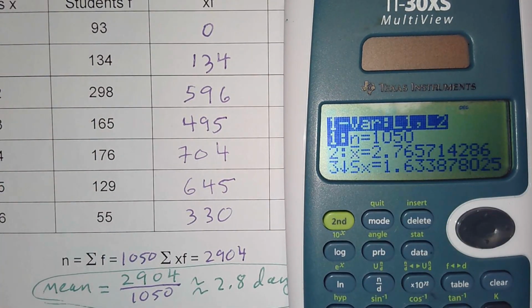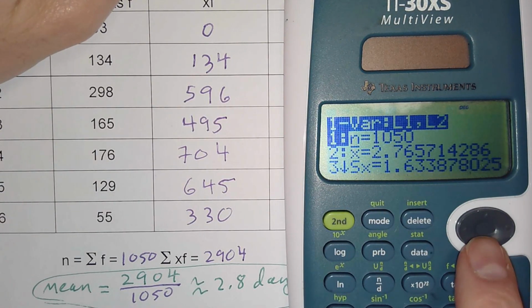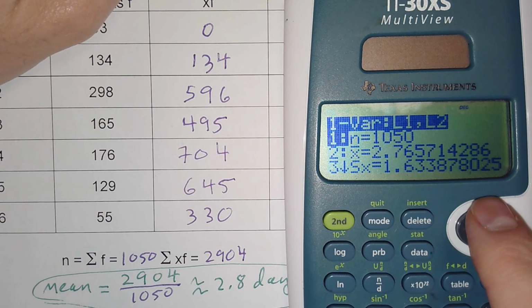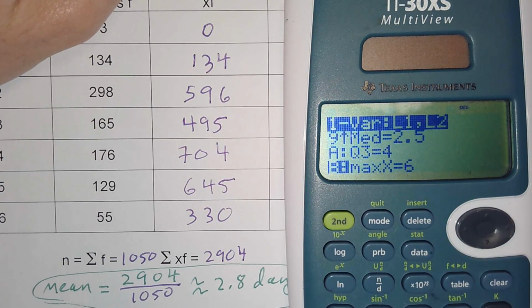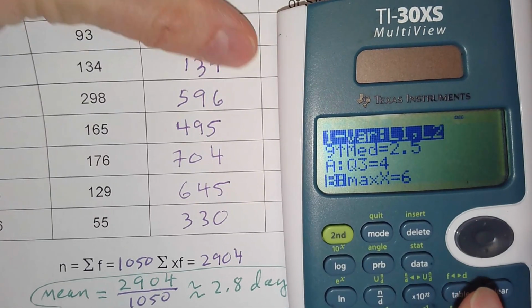That's our mean. Notice they use the notation X bar. We said earlier X bar means mean. Not only that, if you hit your up arrow key, look at line 9. MED, that stands for median. My median here is 2.5 days. That matches what I have down here.